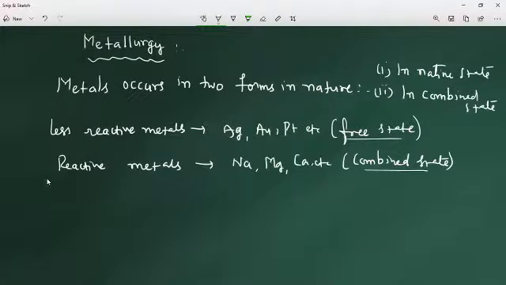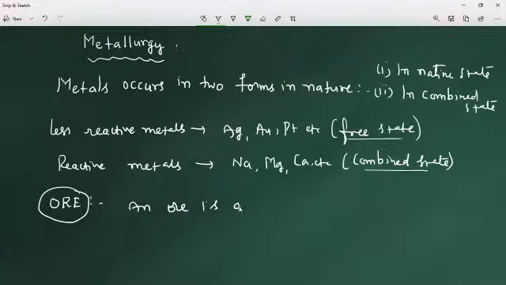Let us note the important term in this metallurgy, that is ore. The most important terminology involved in the beginning of this metallurgy concept is ore. What exactly is ore? Ore is a complex mixture of metal containing mineral, that is called ore. What is ore?